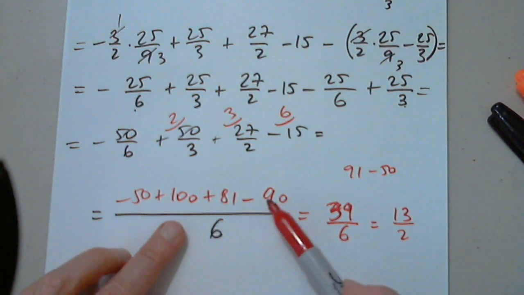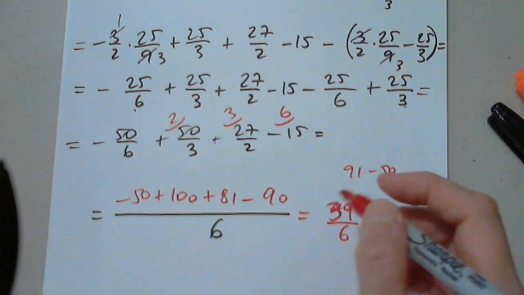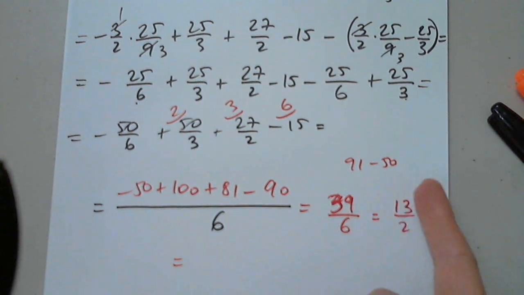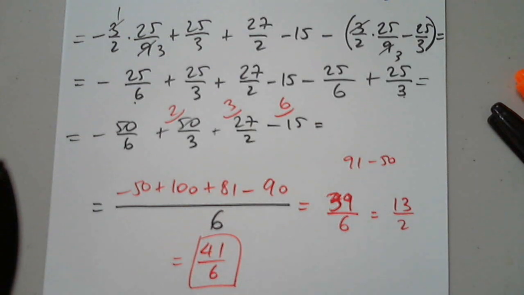Let me do this one more time. Oh, yeah, so that's wrong. So 91 minus 50, I meant to write 41. So 41 divided by 6. I don't know why I changed my mind halfway. So 91 minus 50 is 41 divided by 6, and that's it.